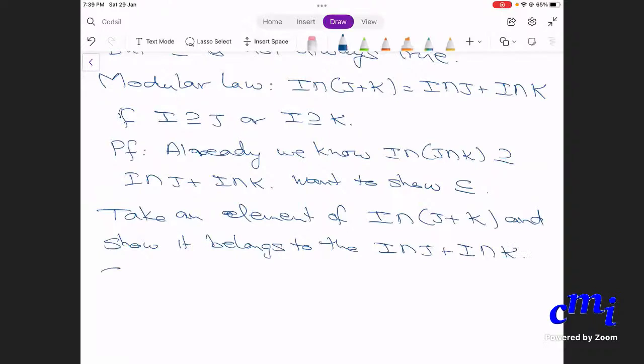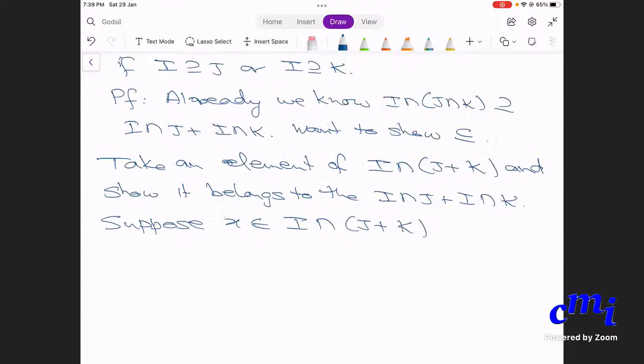So suppose x belongs to I intersect (J plus K). What does that mean? That means it should belong to I, so x belongs to I first.